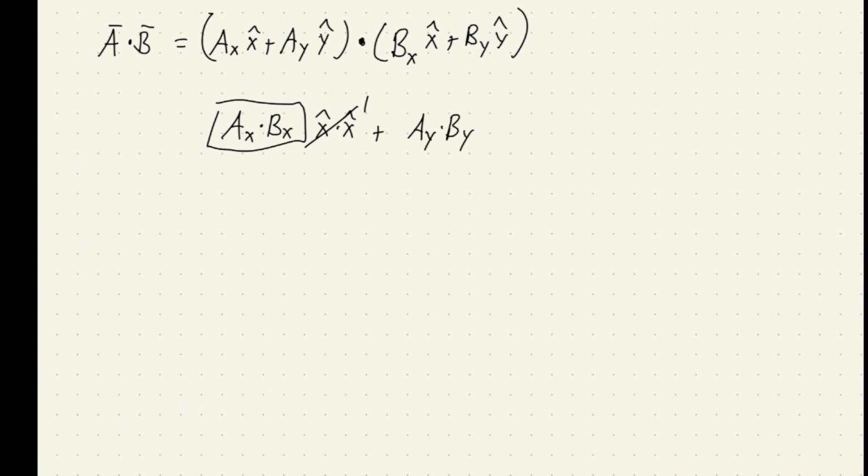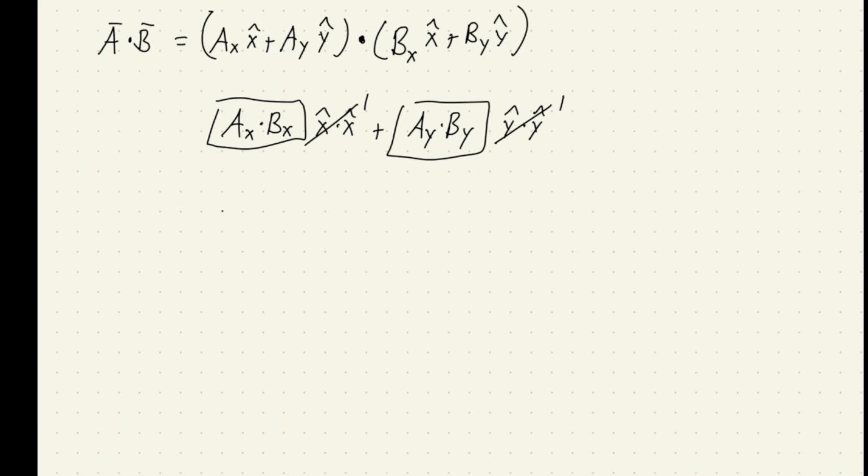Again, just another scalar multiplication that we're used to doing. So maybe 5 times 10 is 50, or 6 times 4 is 24, something like that. But then I have Y hat dotted into Y hat, which is also equal to 1. And so our directional stuff goes away when we do a dot product because of these unit vectors being dotted together, and it just becomes either 1 or 0. So my result is then AX times BX plus AY times BY.